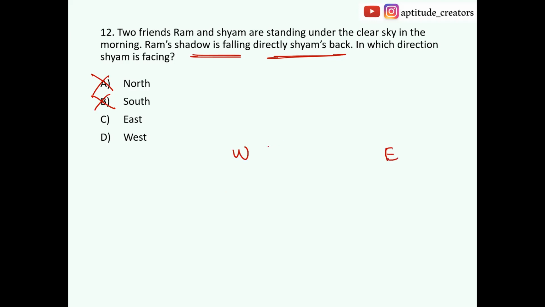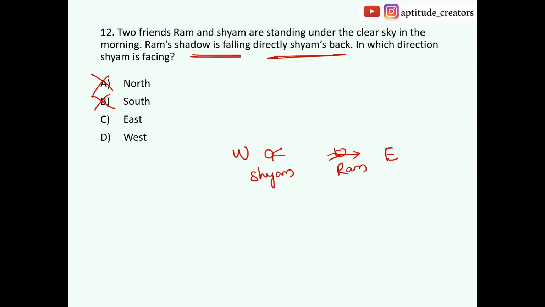Now Ram's shadow is falling directly on Sham's back. If I am facing towards the east direction, then my shadow will fall on my back. Here is one person, and here is another person. Here the person Ram and here the person Sham.